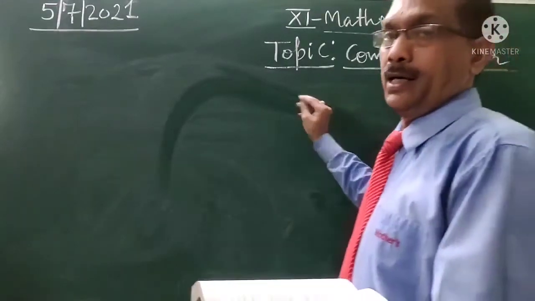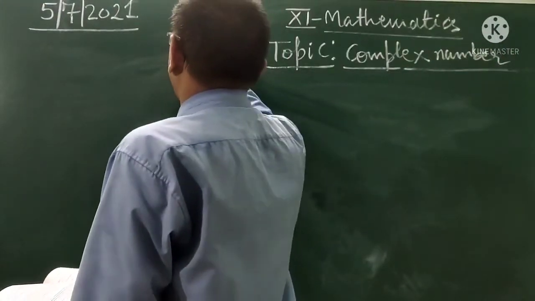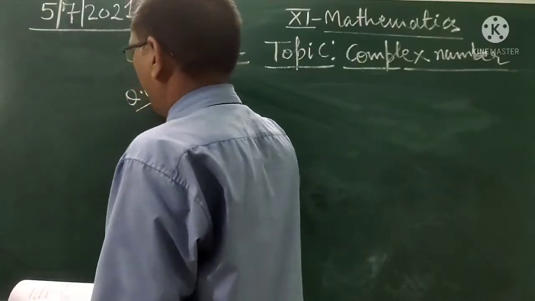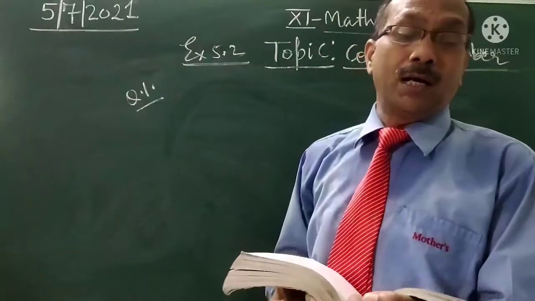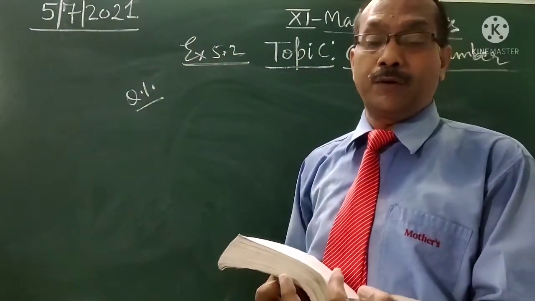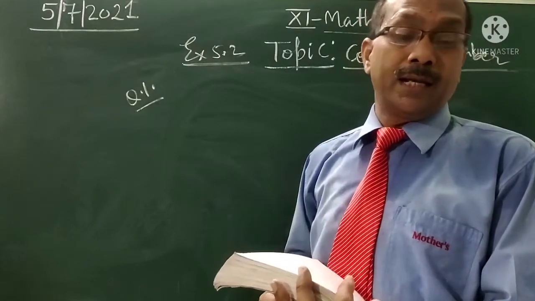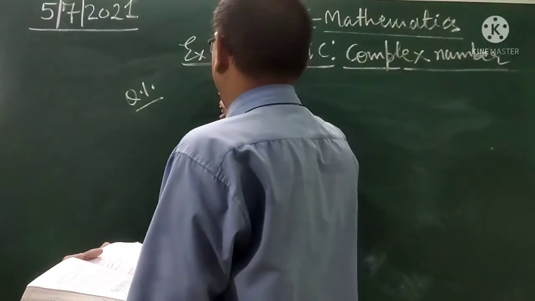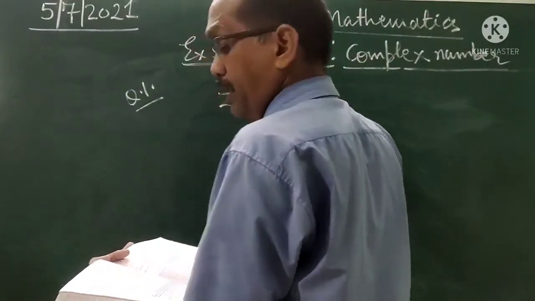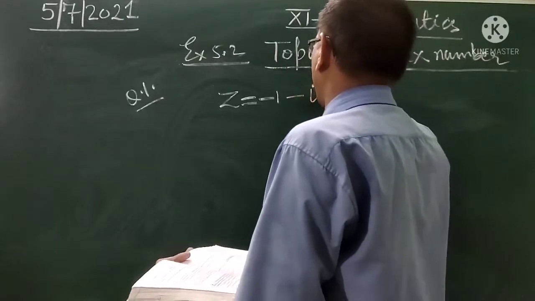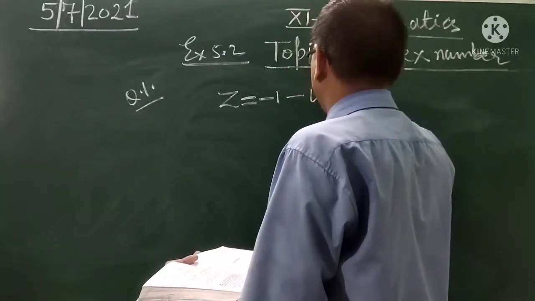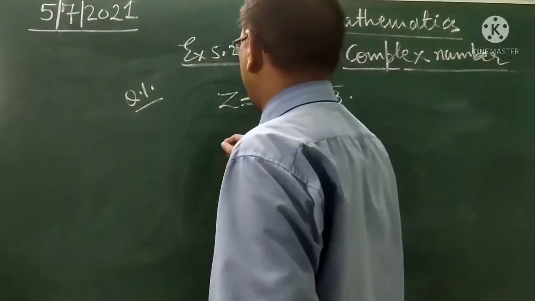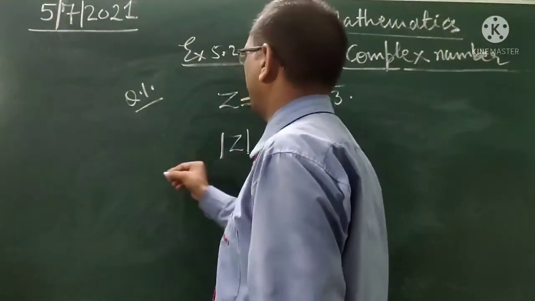My dear student, now exercise 5.2, question number 1. Find the modulus and the argument of each of the complex numbers in exercises 1 to 2. Dear student, z equal to -1 minus iota root 3. The modulus is represented by mod z.